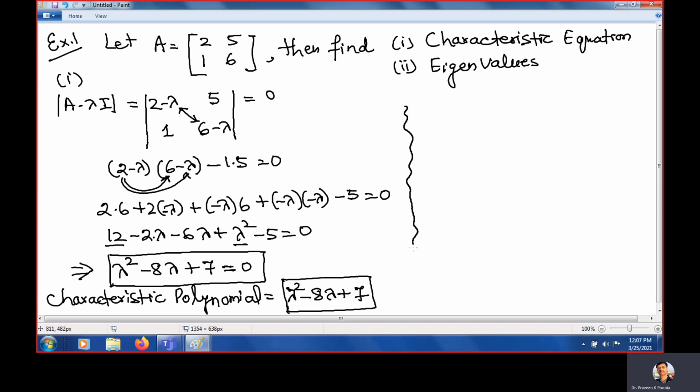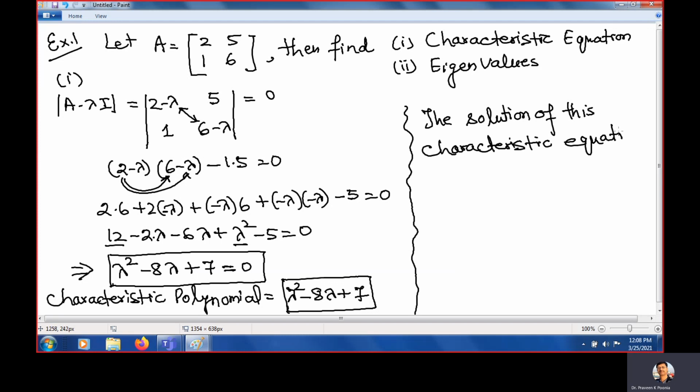Now we need to learn how to find the values. The solution of this characteristic equation gives 2 values. Why 2?